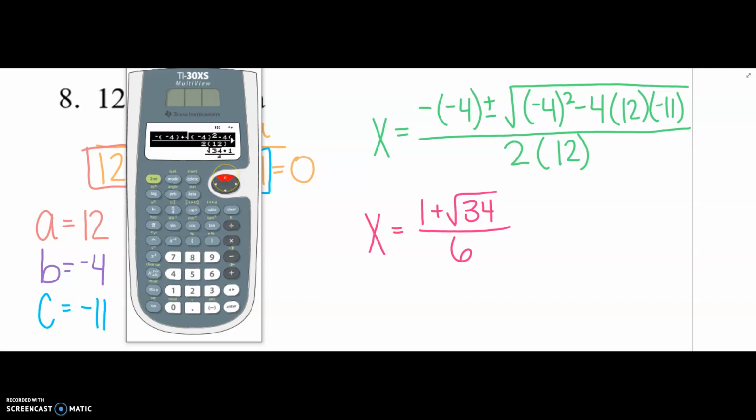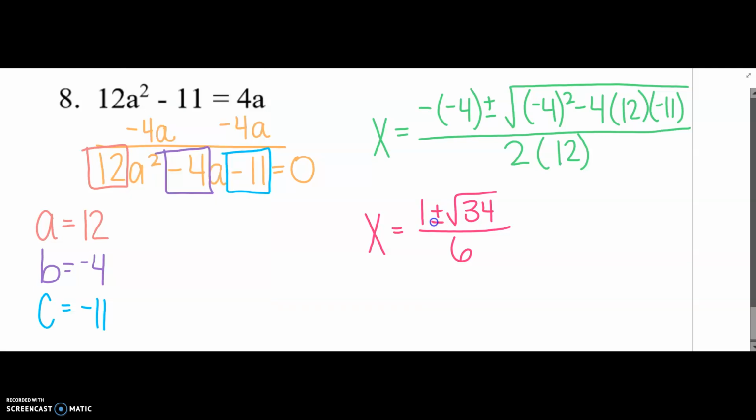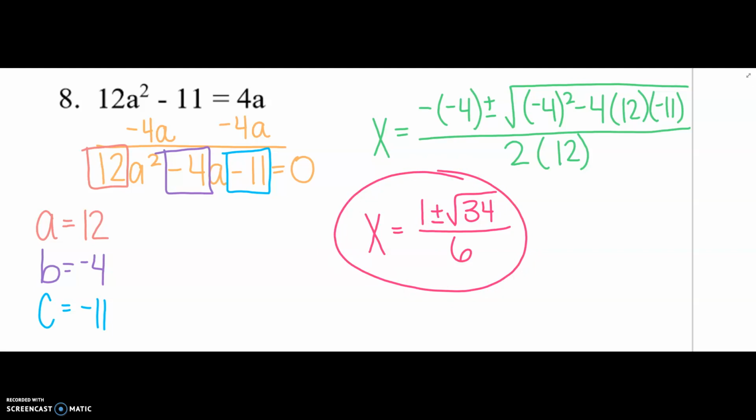I'll scroll up, click on my problem, second, and back. Click over to the plus sign, change it to a minus sign, run it again. And instead of having a positive square root of 34 this time, we have a negative. So I can just put a negative under that positive, and that is good for my 2 answers for my quadratic formula.